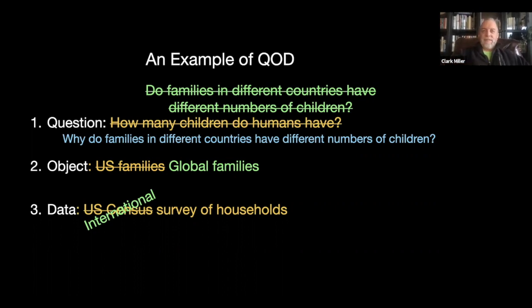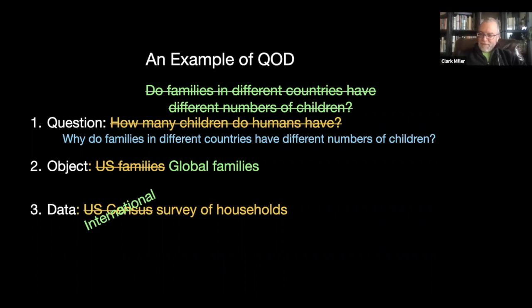An interesting outcome, which might then lead us to the question, why? Right? So now we have yet a third question potentially on the table. Why do families in different countries have different numbers of children?